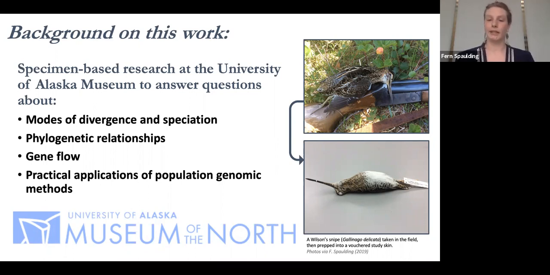And here on the right-hand side, we acquire specimens either through field collection or even salvage through donations to the museum. And then these specimens that we acquire are prepped into a vouchered study skin that are used to answer these questions that we're interested in.